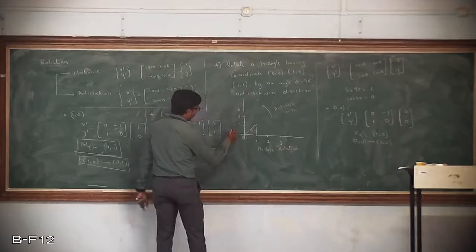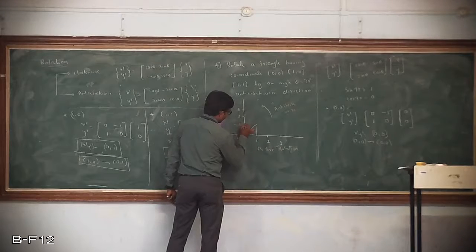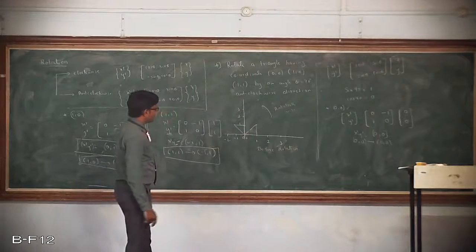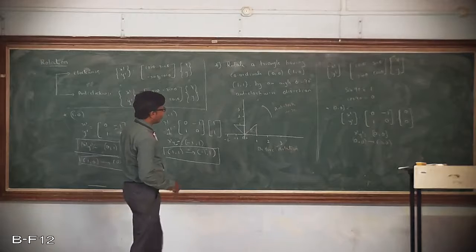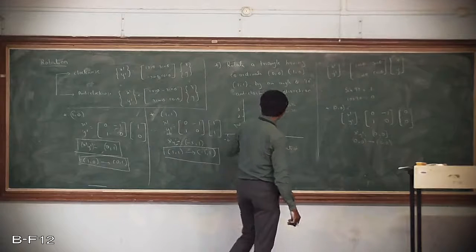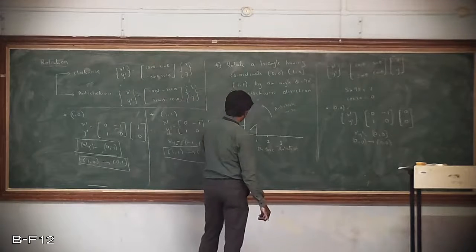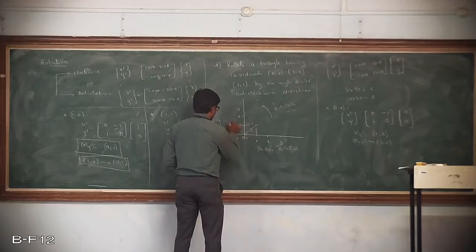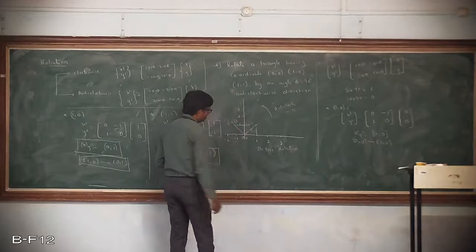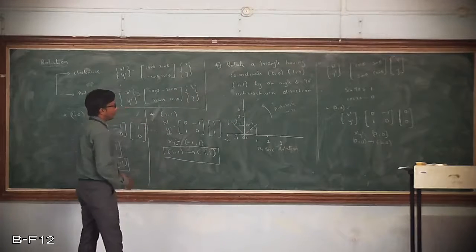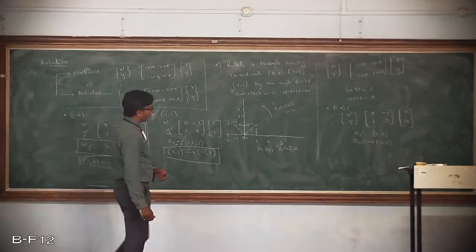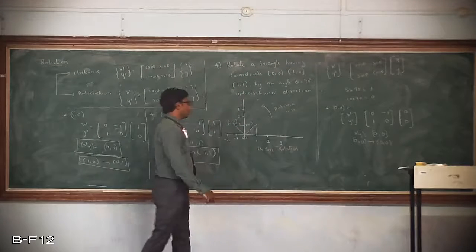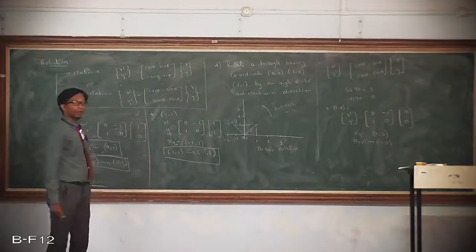What will the figure look like? It looks like this. If it is rotated by 90 degree, the first is 0 comma 0, the second point is 0 comma 1, and this is minus 1 1. The figure looks like this when you rotate it by 90 degree, and this is when I do it in the anti-clockwise direction.